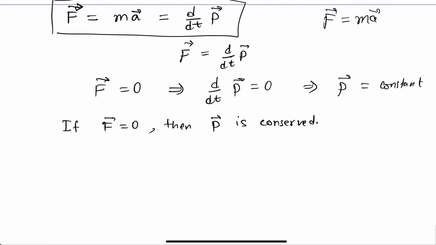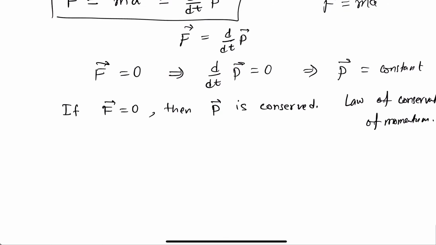The momentum is going to be constant, it's not going to change. If the force on an object is 0, then this momentum is conserved, and this is called the law of conservation of momentum.